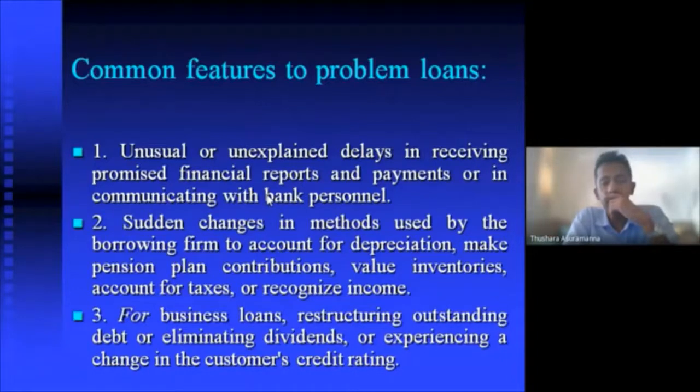Third one: restructuring outstanding debt or eliminating dividends, or a change in the customer credit rating. Now, if you see restructuring of debts, customer credit rating changing, dividend eliminations, these are some signals you can identify to say that the client is not doing well.